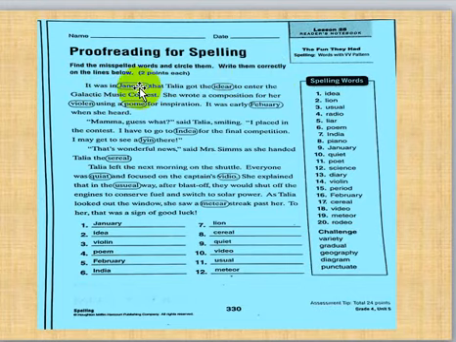No, it's wrong. So circle it and write it correctly. January. Number 2, idea. Idea? No, it's idea. Excellent.